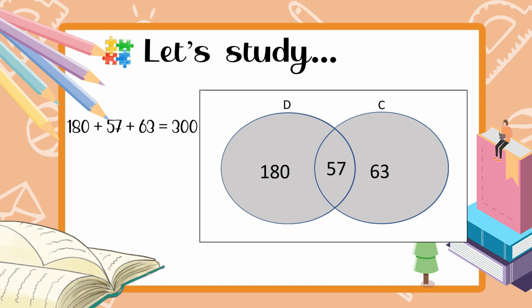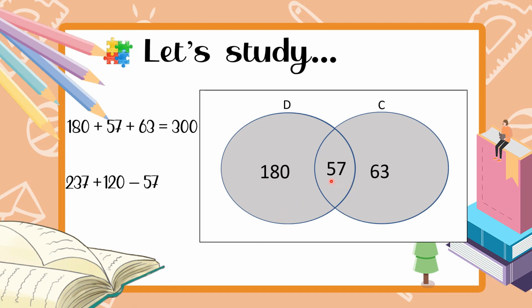Meron pang isang way para malaman natin kung ilan ang na-survey. So, remember, lahat ng merong dogs ay 237. Lahat naman ng merong cats ay 120. You're going to subtract dun kay 237 at kay 120 yung 57.